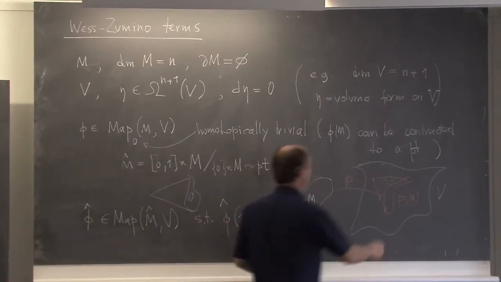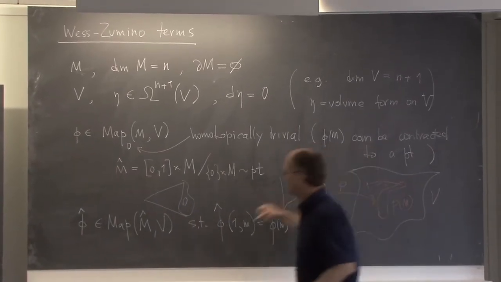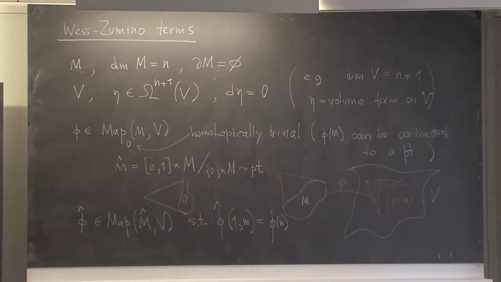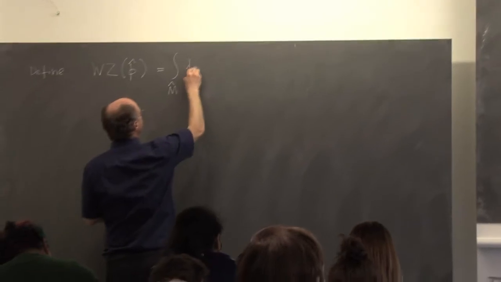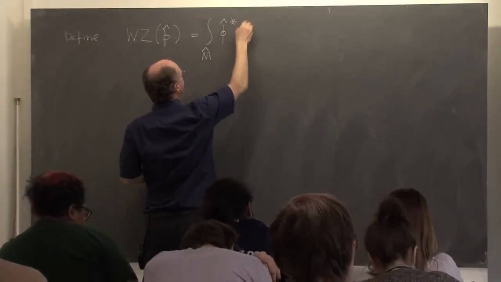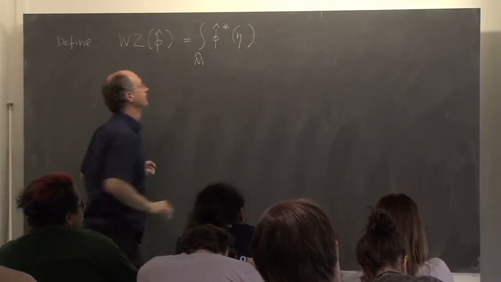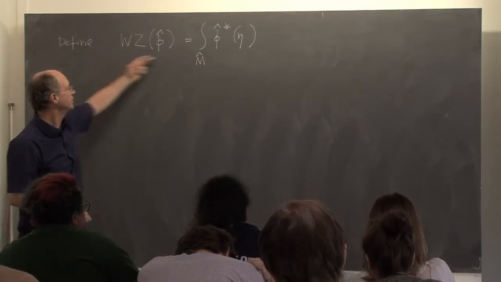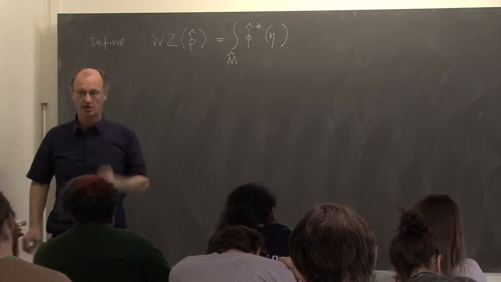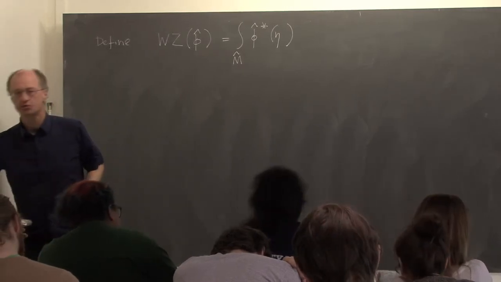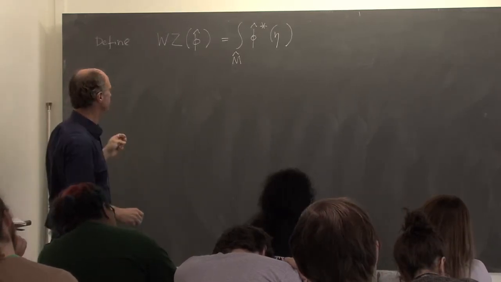So let's pull back the form eta using the map phi hat. And well, this will give us a number. So that's exactly the construction that we used before.